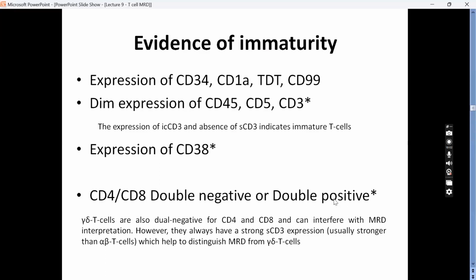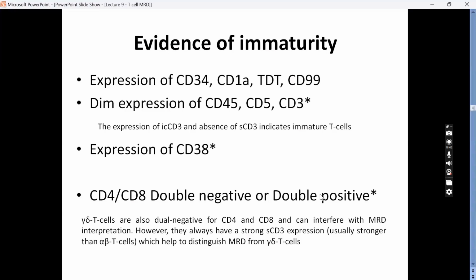Okay, CD4 and 8 are initially negative in early T cells. So early T cells will be negative for both 4 and 8. And as they go into the cortical stage or the medullary stage, they acquire both. So every T cell will show CD4 and CD8 co-expression.